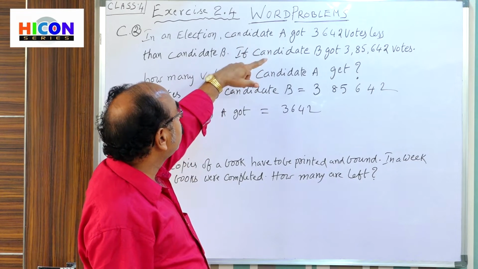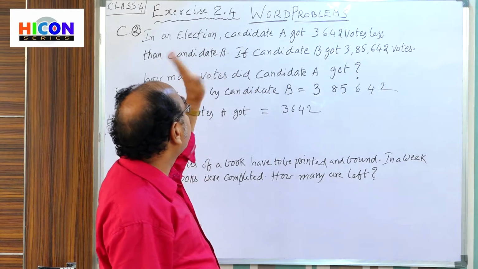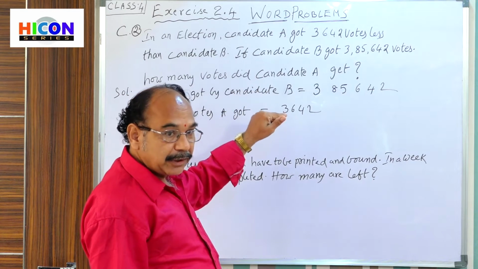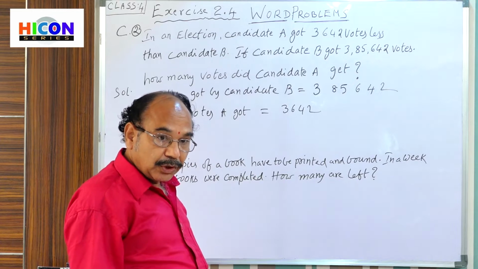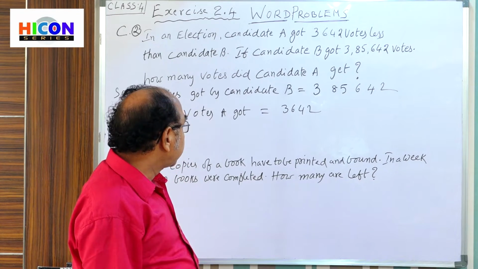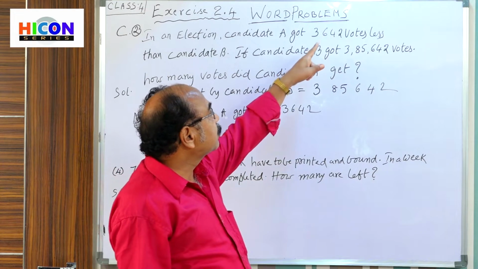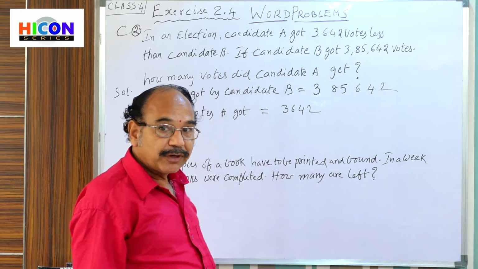The problem says A got this much of votes less than candidate B. So, to know the votes secured by candidate A, what we have to do? That less votes we have to subtract from 3,85,642.